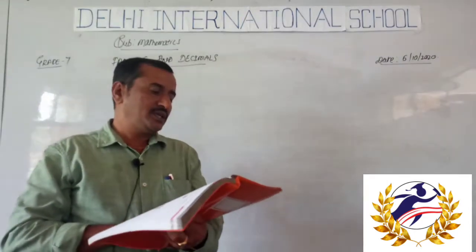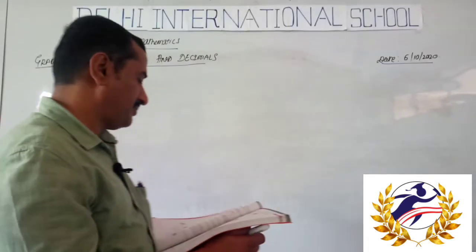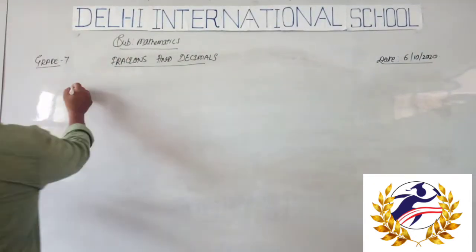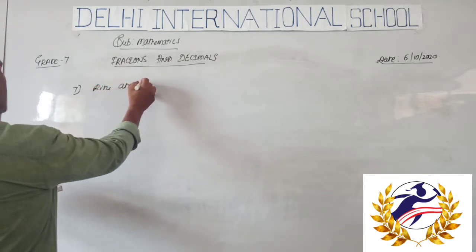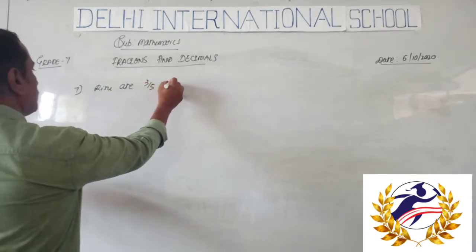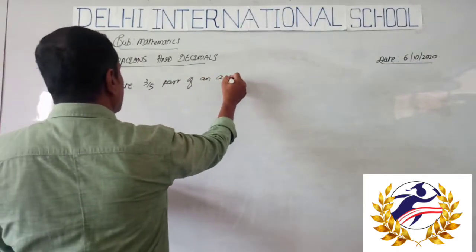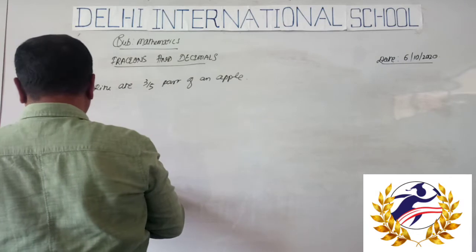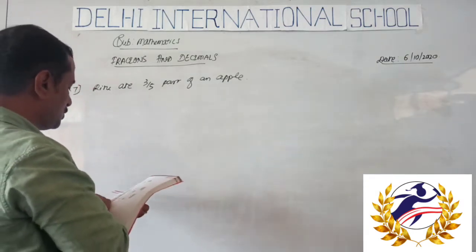Question number 7. Ritu ate 3 by 5 part of an apple. The rest was eaten by her brother Somu.